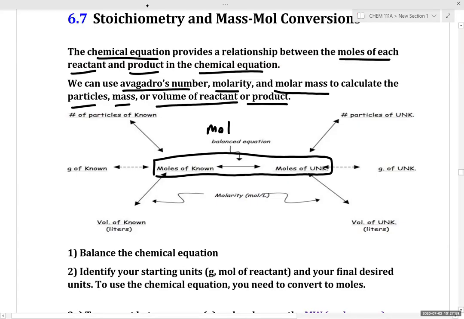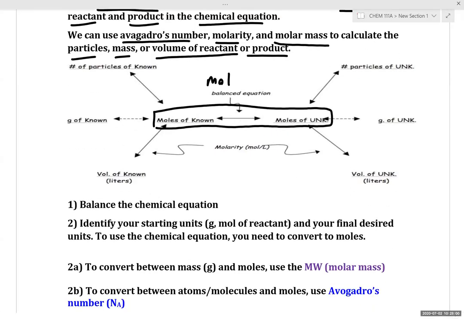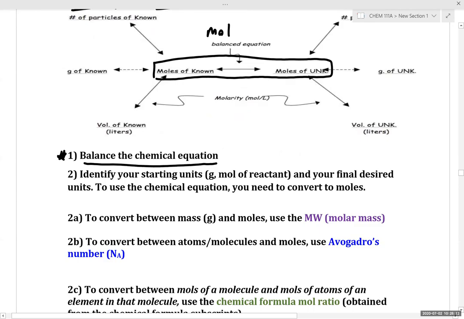In terms of the procedure that I want you to follow, first, balance the chemical equation. That's the first thing on the agenda. Your unit conversions won't work unless you have a balanced equation. Identify your starting units, and to use the chemical equation, again, you need to convert to moles.